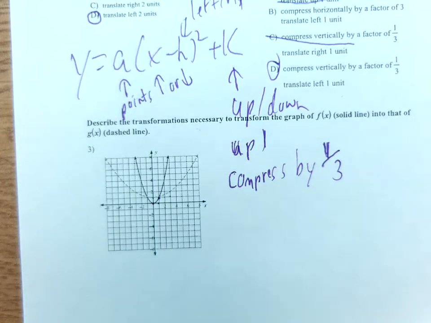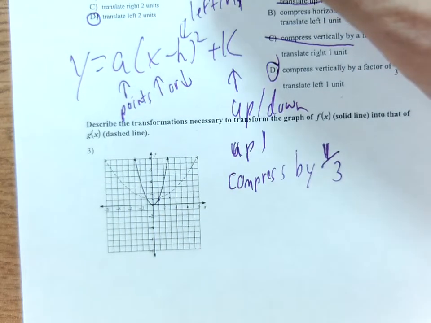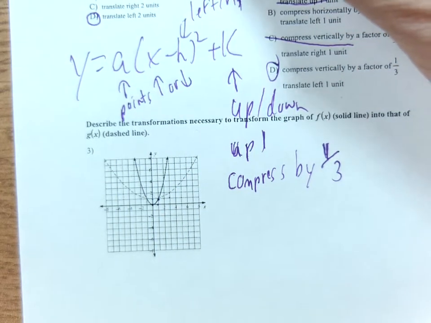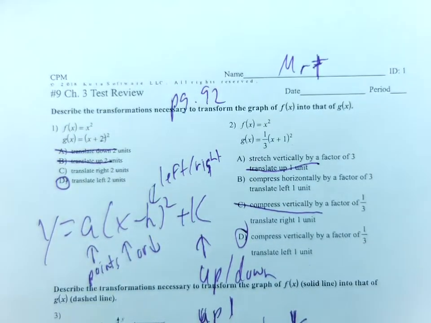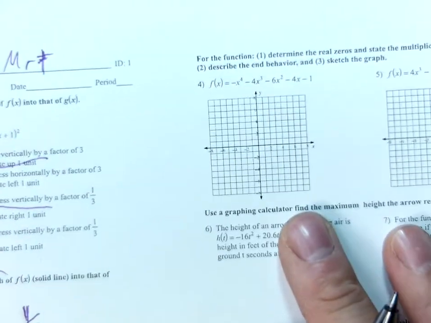We talked about this if you want to go back and revisit it. It was the vertex form of parabolas, specifically 3.1a, page 92. So if you need to review these first 3 questions, they're from page 92. You can also come see me after school if you want to. Alright, questions 4 and 5.